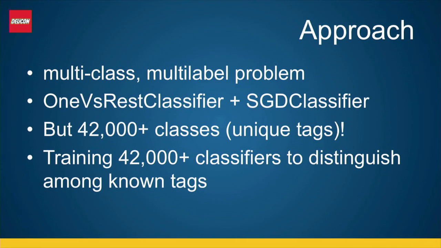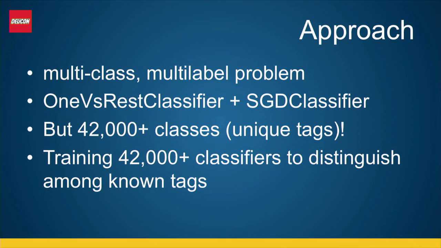Okay, so one versus rest classification real quick. The way that works is you train a classifier for each tag. Its only job in the world is to decide, is this about Amazon EC2 or not? It comes back with a score or a coefficient, a confidence level, of how confident it is that this is about Amazon EC2. You do that for every tag that you possibly have. So that's 42,000 classifiers.